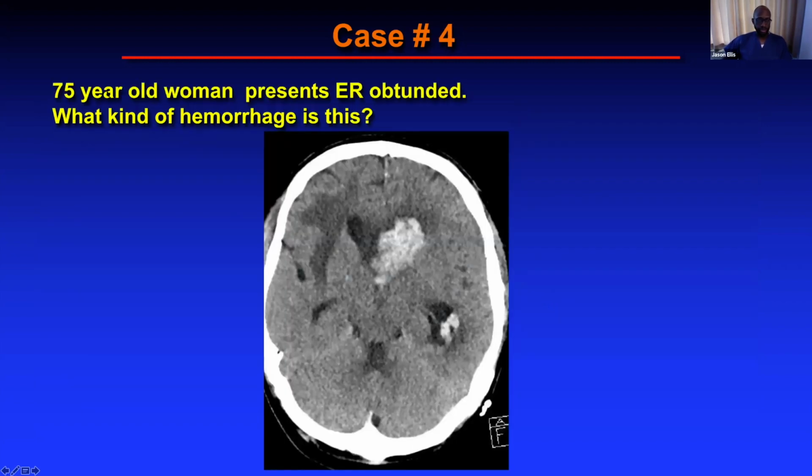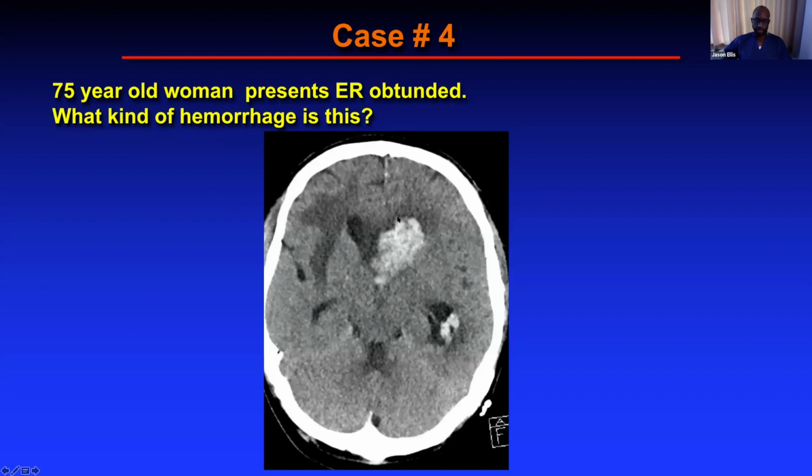Here's another case. This is a 75-year-old woman presented to the ER obtunded. I'm sure you guys all know what kind of bleeding this is, although it can be a little bit confusing. On the right side, you can see the frontal horn of the lateral ventricle, whereas on the left side, you can't really make it out.